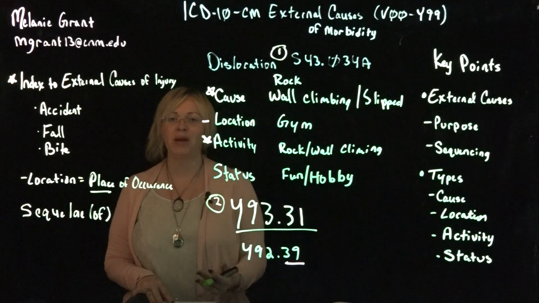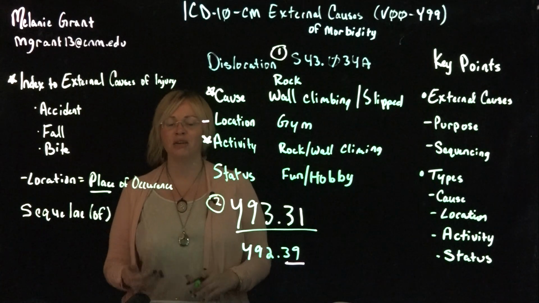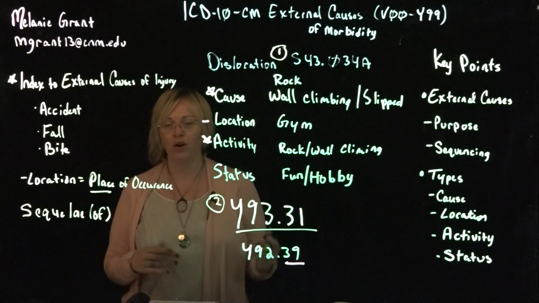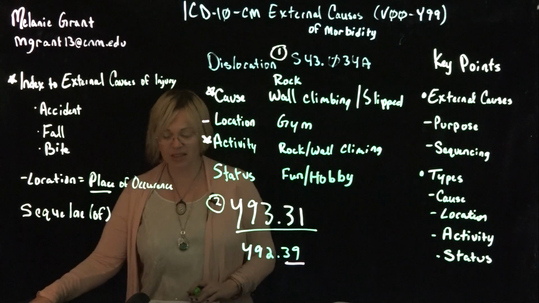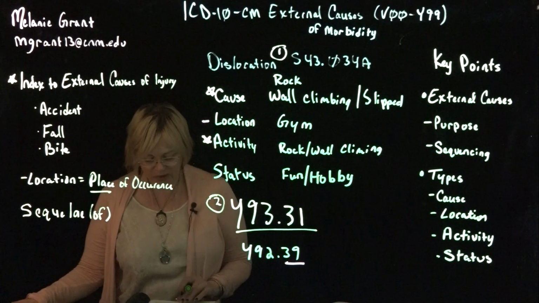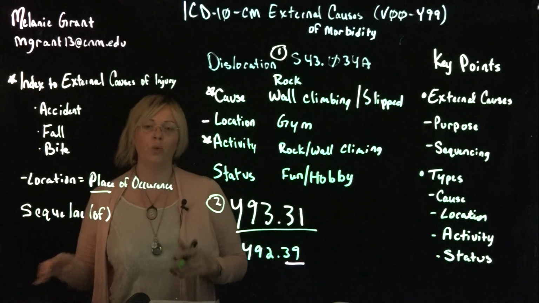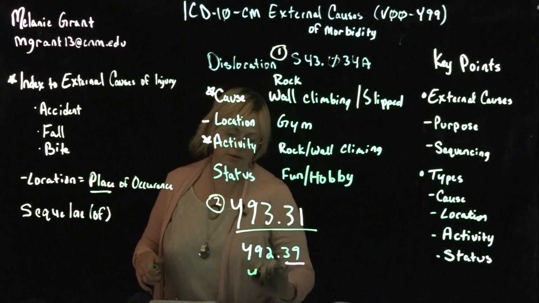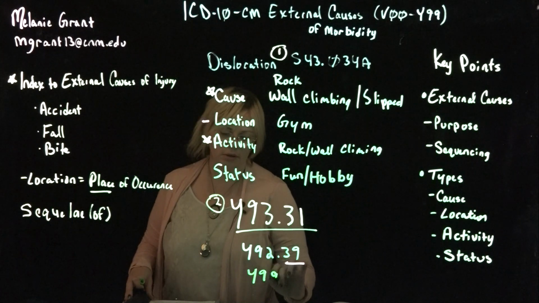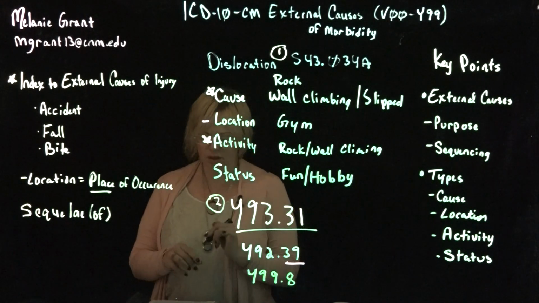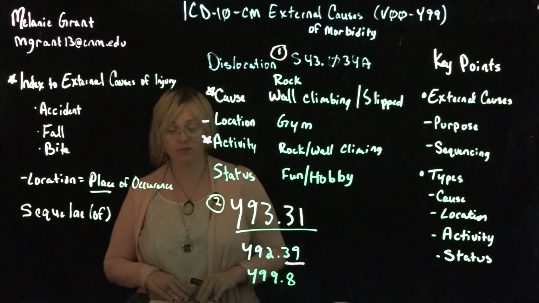When you go out and you're paying someone to teach you to do something that is not for school and is not for work or other types of statuses, then it's considered a hobby. And if you notice the code for leisure activity and hobby, both of these fall to Y99.8. Okay, so that's just a little tidbit of information.